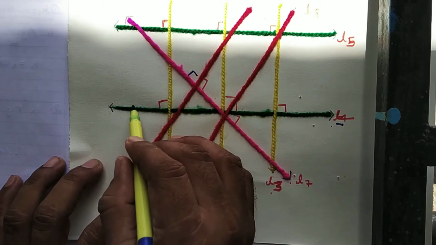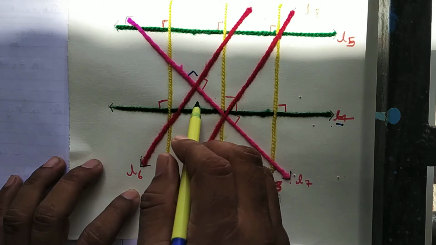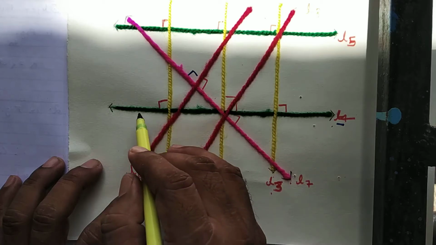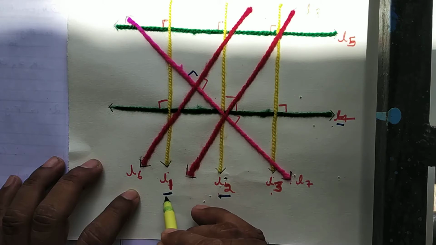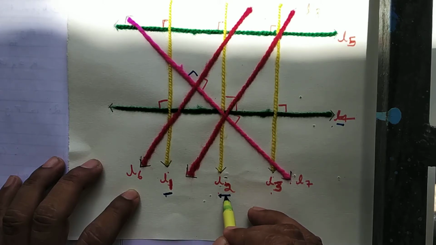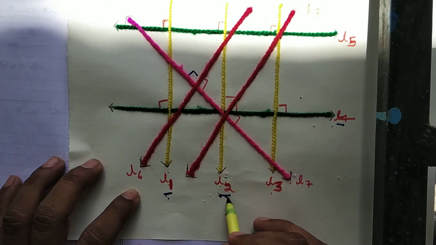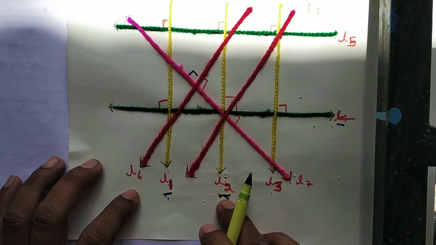L1 is perpendicular to L4 and L4 is perpendicular to L2. Is L1 perpendicular to L2? No, those are parallel lines. That's why this type of relation is not transitive.